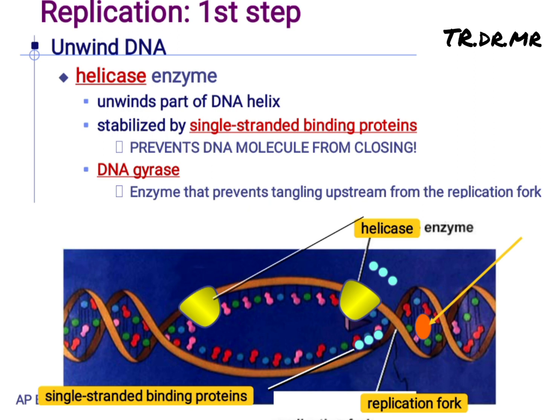Then the single-stranded protein is very important, because it prevents the closing of the DNA strand, and also protects this DNA from being digested by the endonucleases. Now, we have also looked at the topoisomerase or the gyase enzymes, which are very important in preventing supercoils upstream, or in preventing tangling of the DNA upstream.